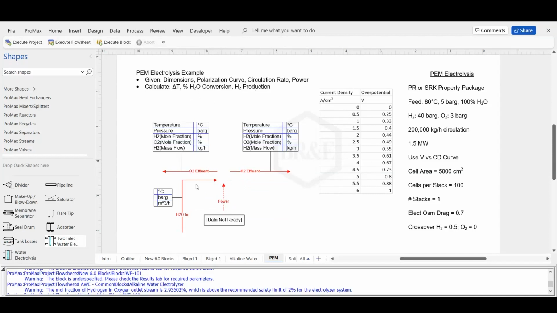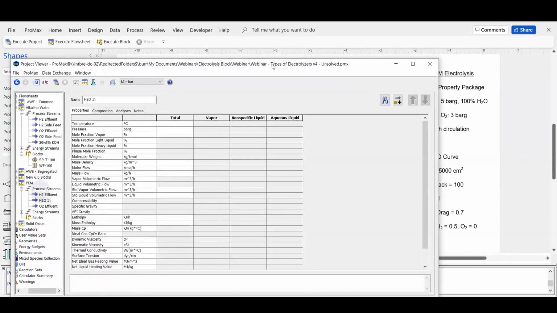So let's begin simulating this. This is just going to be using Peng-Robinson or SRK. The PEM electrolysis, and then the next one, the solid oxide, work just fine in our standard equation of state property packages. So let's define our inlet stream.